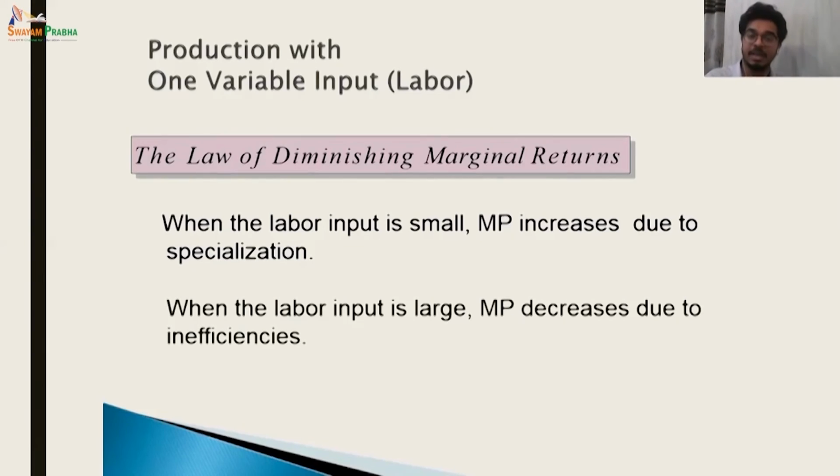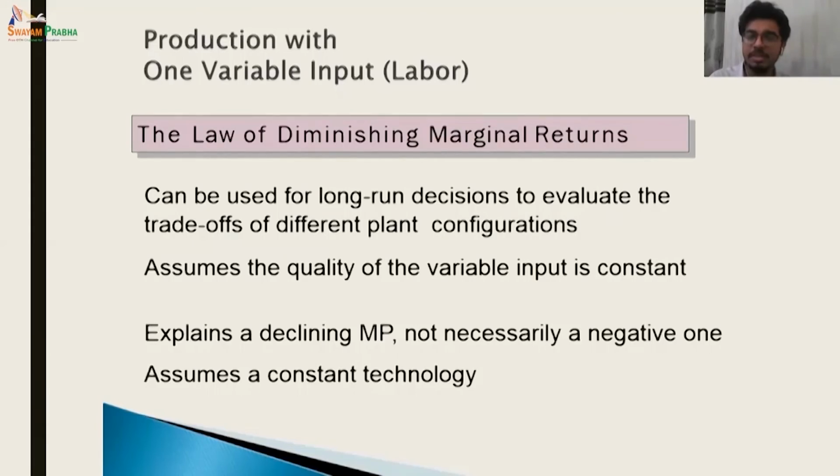In an industry, if there are more laborers than the required number, there can be politics, fights, carelessness. So naturally there are more inefficiencies, and the motivation to contribute decreases. And when the labor input is large, the marginal product starts falling because of the inefficiencies that creep in with a larger labor force, and hence that is not needed.